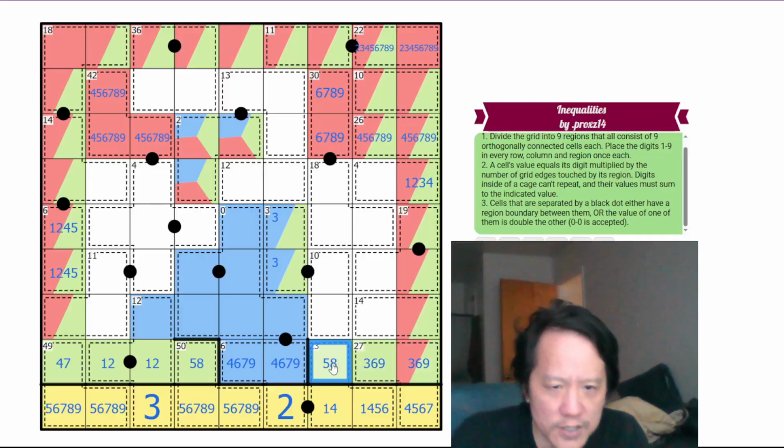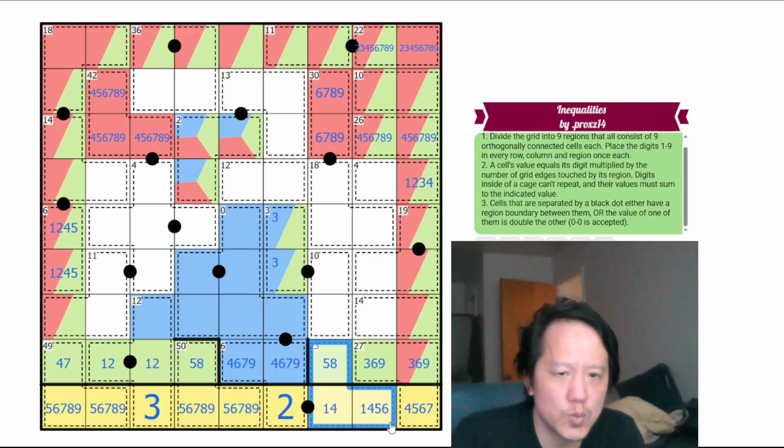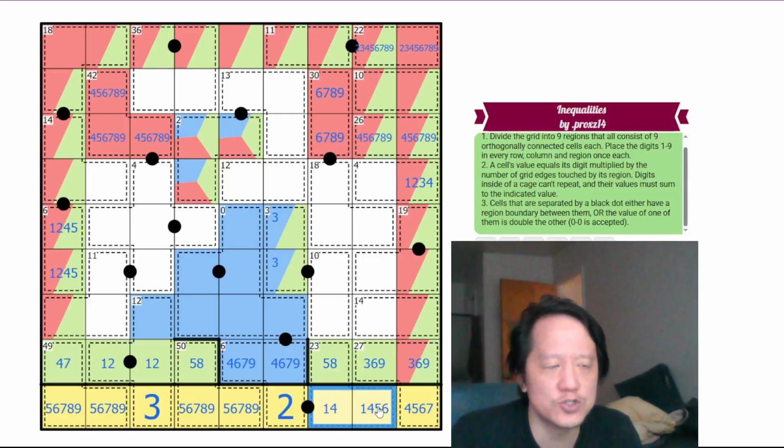So what do these add up to? 23 minus 5. 23 minus 5 is 18, which is 6 tripled.